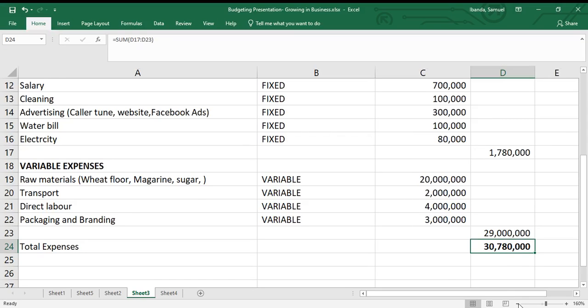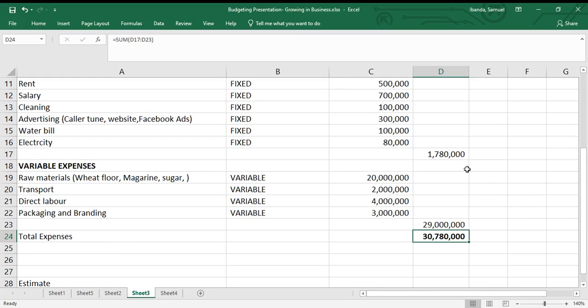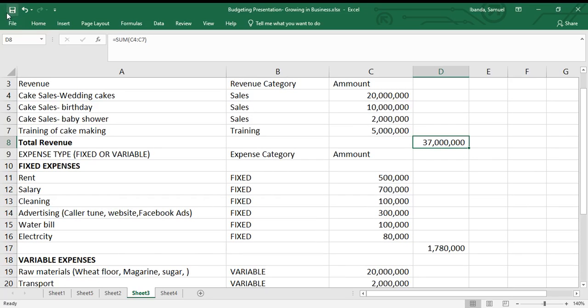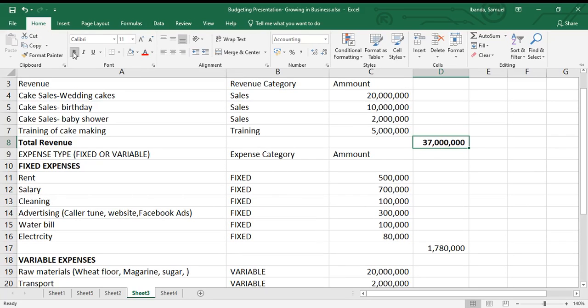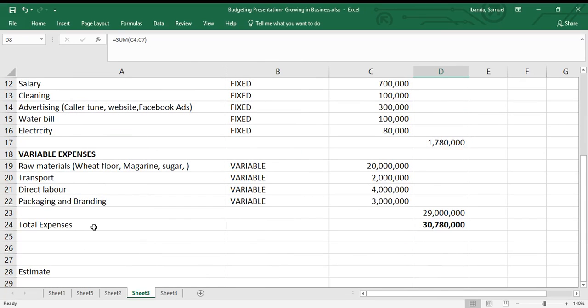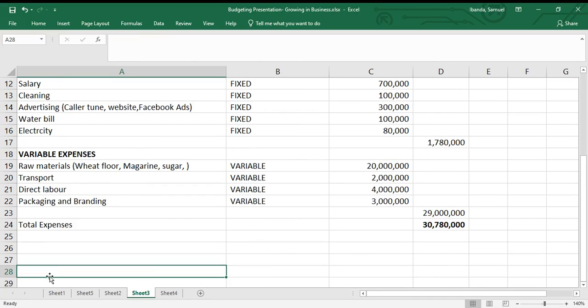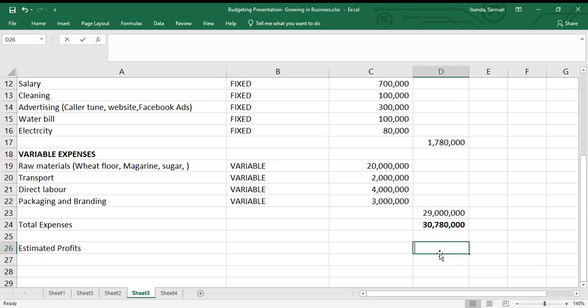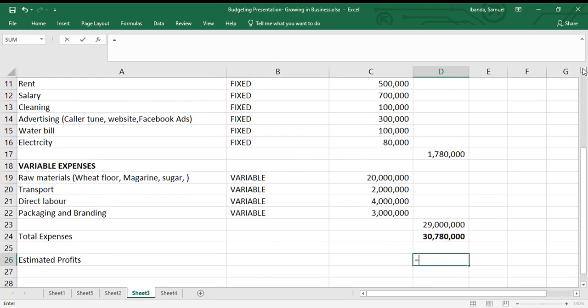Once I have my total expenses, and I also have my total revenue, then I can determine my profit, or my estimated loss or profit. Estimated profit. Of course, I use the word profit because we're in business. We are not here to make losses. We are here to make profit.